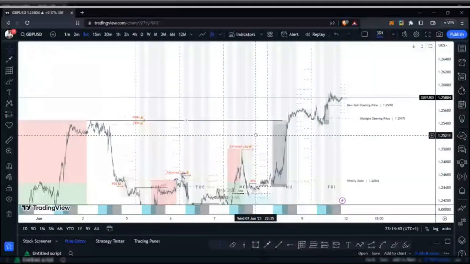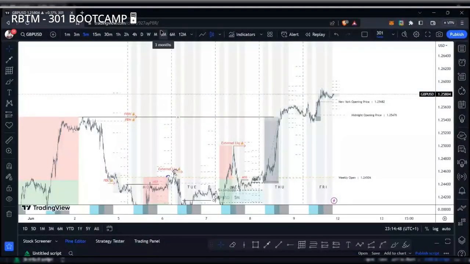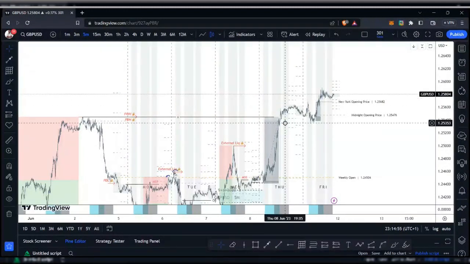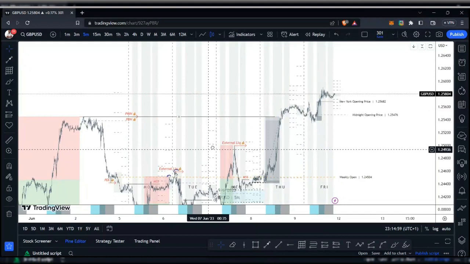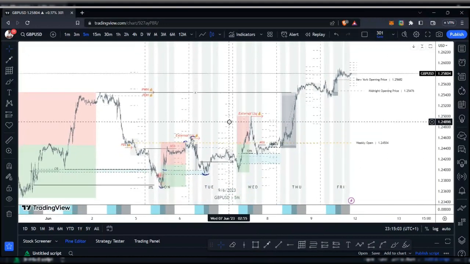Okay. Now, so question, now that we have taken this external liquidity, let me see how many people really are attentive. Maybe this is where everybody will hit 12.